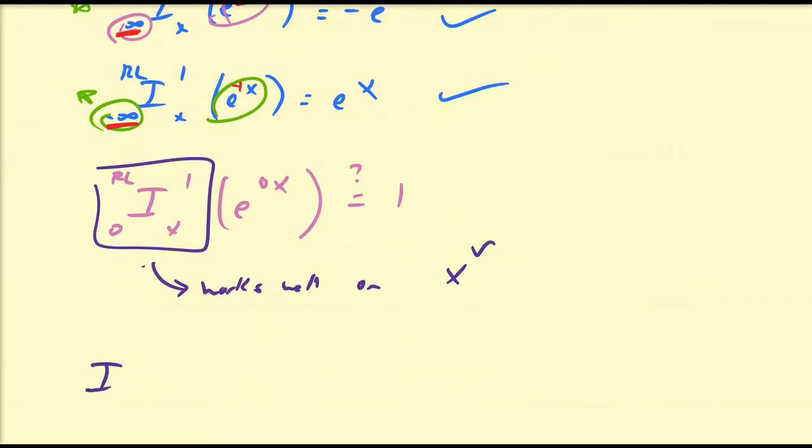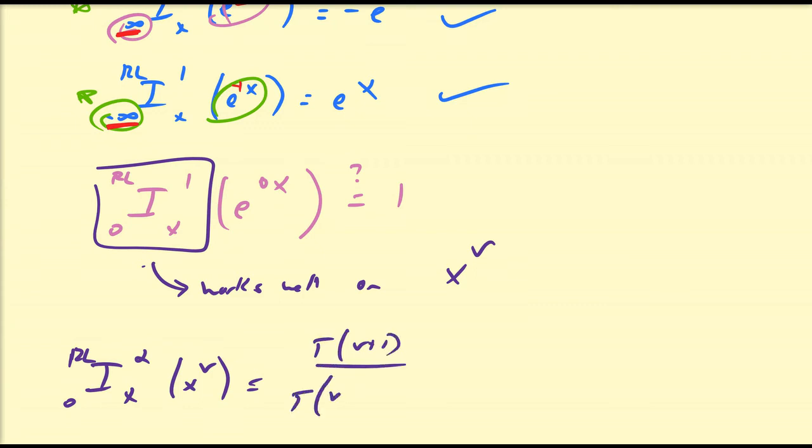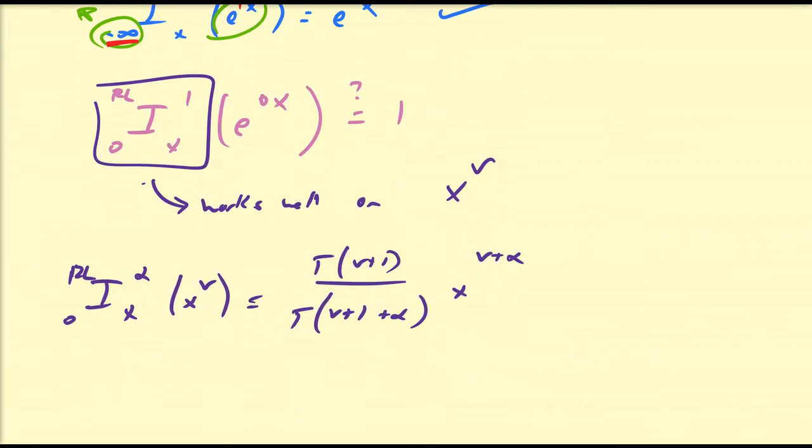So we know that the Riemann-Liouville base point 0 differential operator of order alpha of x to the nu is going to be equal to gamma of nu plus 1 over gamma of nu plus 1 plus alpha times x to the nu plus alpha, right? So here I'm just going to choose alpha to be equal to 1, nu to be equal to 0, right?